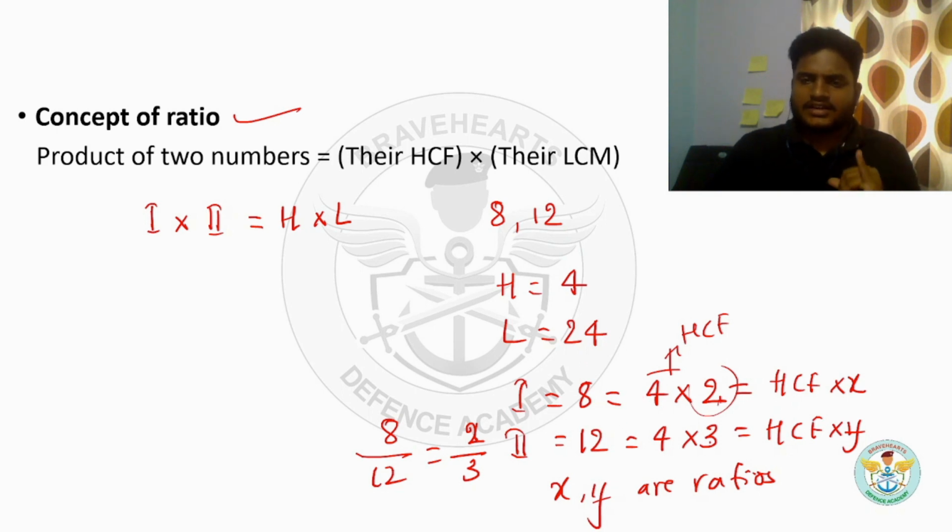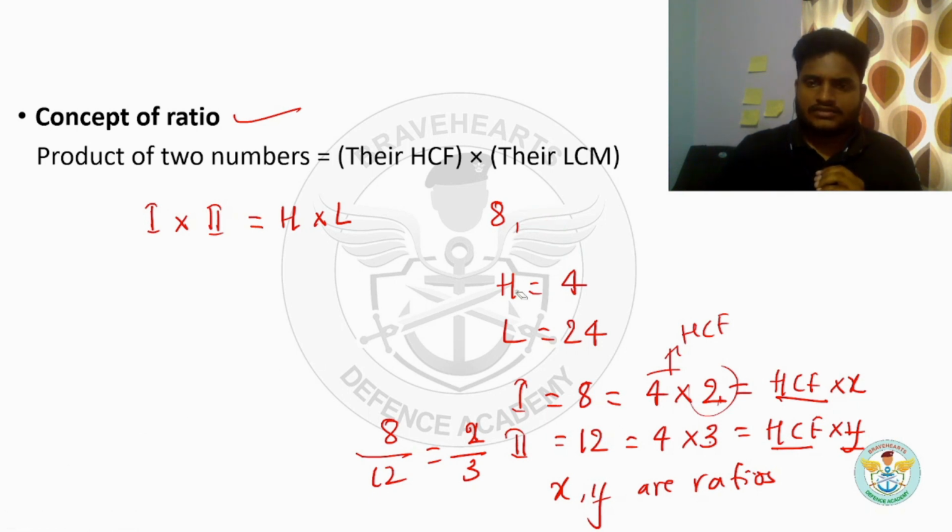Understand this. Your HCF has to divide 8 and 12. So HCF has to be one of the factors of the given numbers. So your first number can be written as HCF into X and your second number can be written as HCF into Y, where X and Y are your ratios. Understand this.